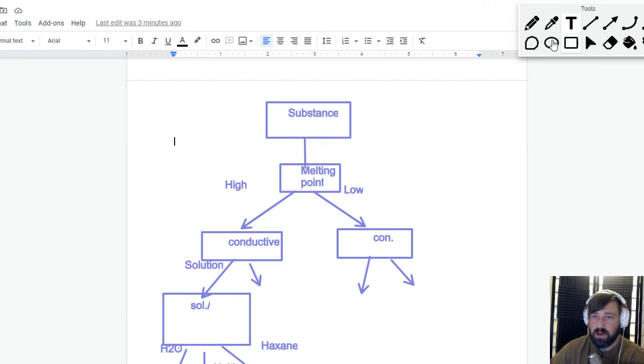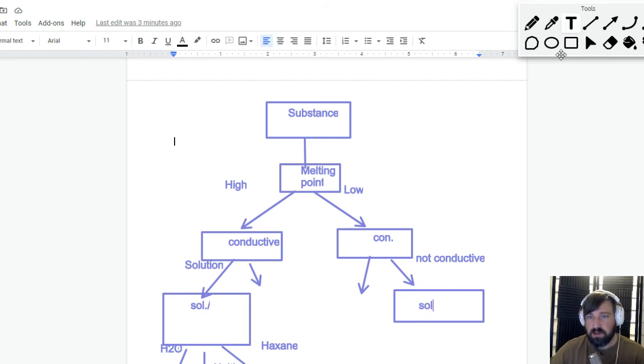Then I'm going to do a conductivity. Then the conductivity says that it is not conductive. Okay, then I'm going to do a solubility test. It dissolves in hexane.